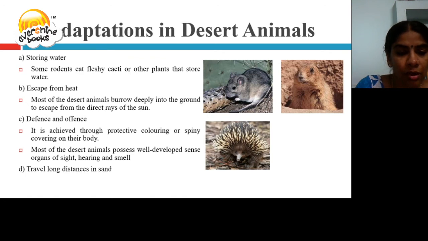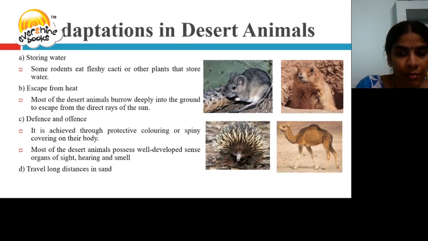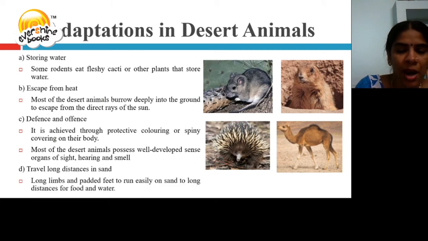They travel long distances in sand because it is a desert. You can see the camel, which has long limbs and padded feet to run easily on the sand for very long distances for food and water. So adaptations in desert animals are for storing water, escaping from heat, defense and offense, and traveling long distances in sand.